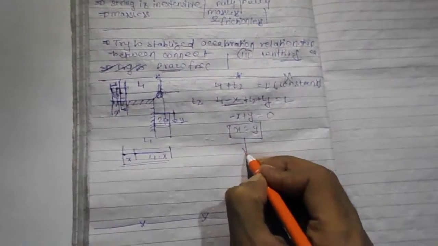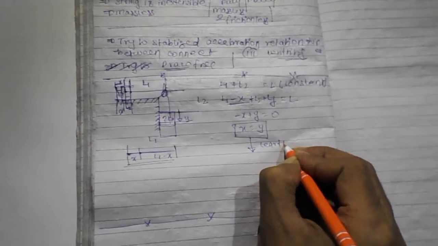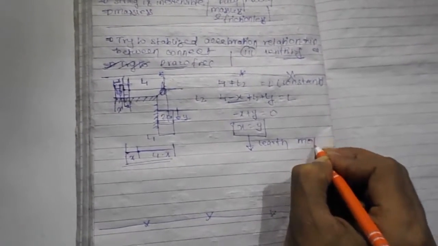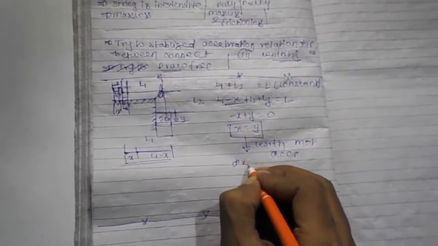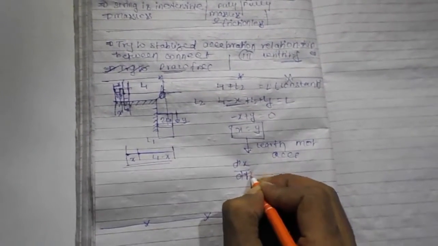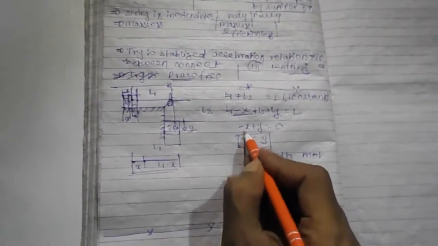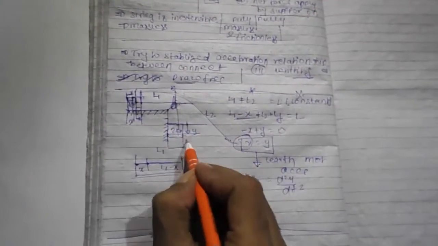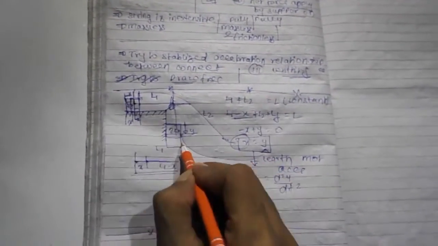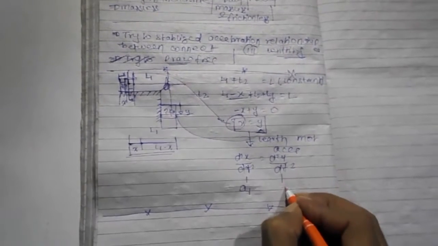Now if you have learned about motion, you know about acceleration, so what can I write? The 1 kg block traveled by an amount x, and the 2 kg block traveled by an amount y. So this is the acceleration of 1, this is the acceleration of 2.